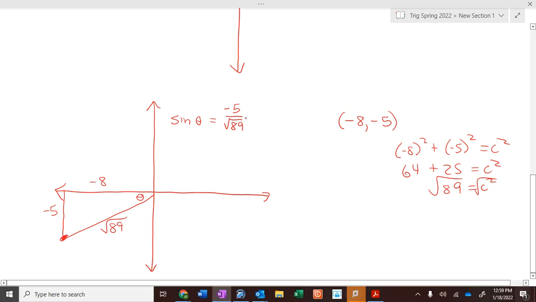Okay? And we rationalize our denominators around here. So we multiply top and bottom by the square root of 89. So it's negative 5 square root of 89 over 89.